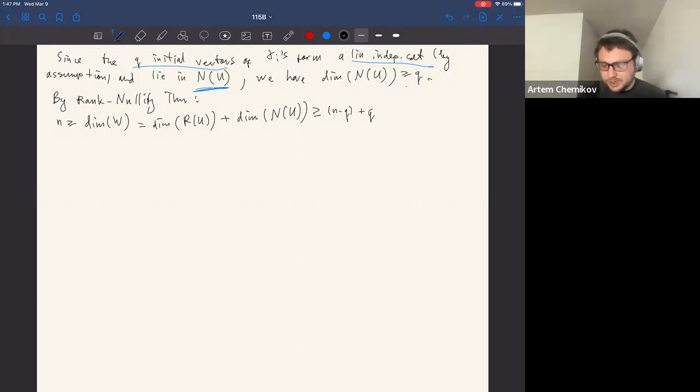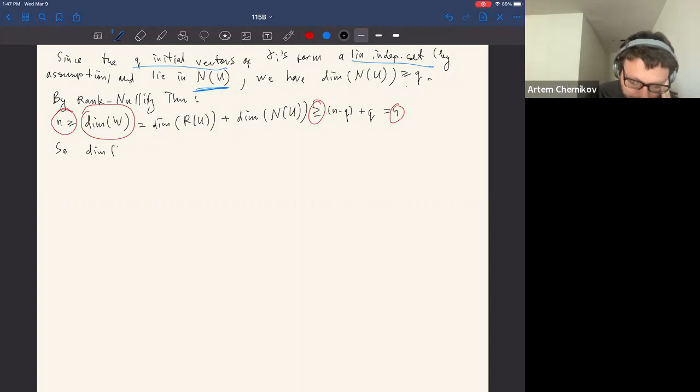But this is, of course, just n. Right? So we get that n is greater or equal than the dimension of W. And in turn, this is greater or equal than n. So this tells us that the dimension of W is, in fact, n, because it's both greater or equal and less or equal than n. So it is equal to n.